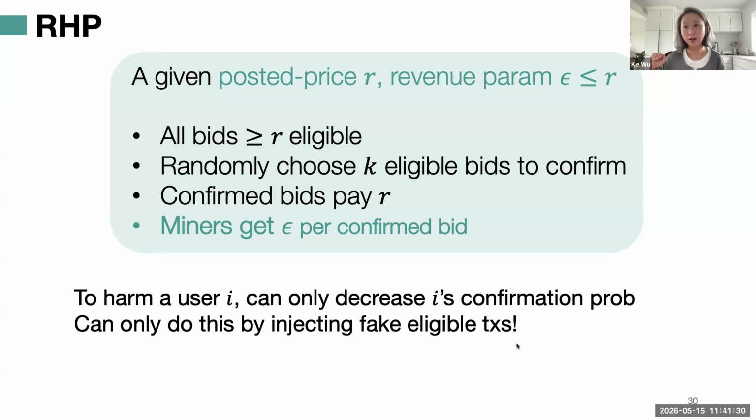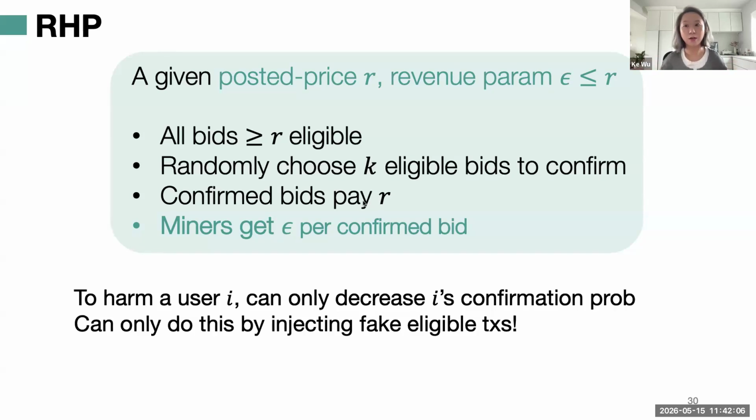Rational harm proofness. Actually, the rational harm proofness rationale here works for all three types of strategic roles. So I'm just going to explain them jointly together. So what type of strategies can harm a user? If a user can be harmed, it must be the case that this user is eligible. I cannot control the payment that this user pays once it gets confirmed.